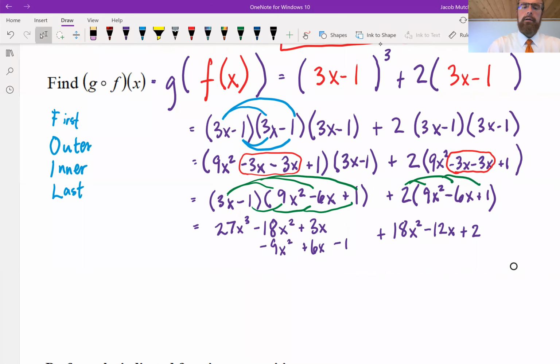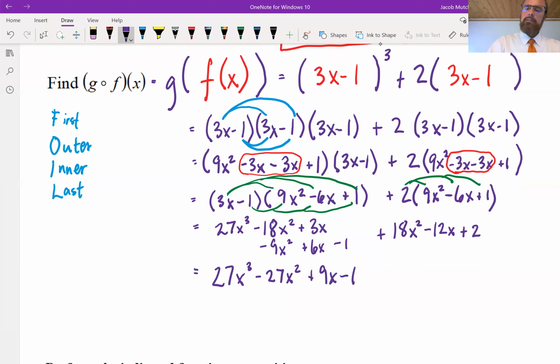What I need to do now is finalize combining like terms. So now I've got 27x cubed. Negative 18x squared minus 9x squared is going to give me negative 27x squared. 3x plus 6x is 9x, minus 1.